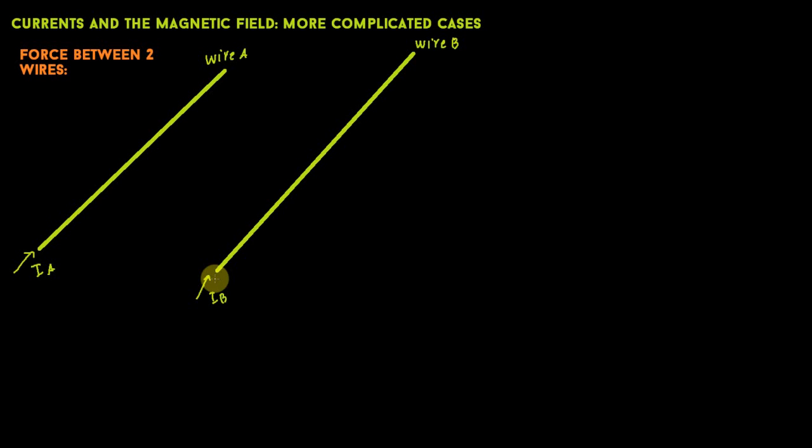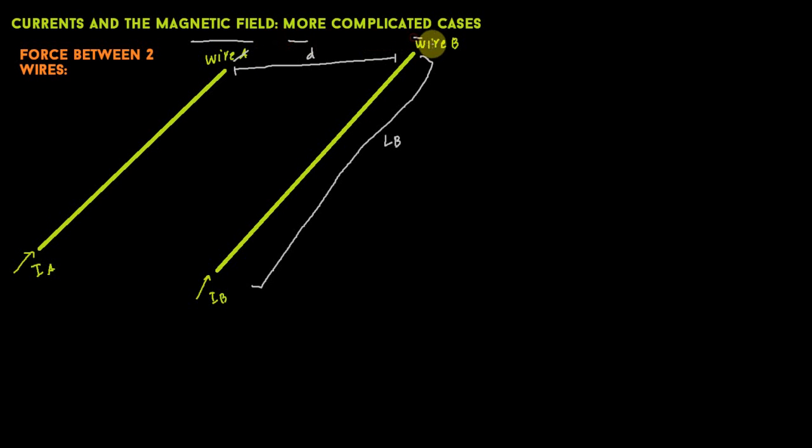So we also need to define a couple of variables. I'm going to call the distance between wire A and B distance D. And I'm going to call the length of wire B LB. This length is contingent on how much of wire A is actually exerting a force on wire B. So let's say that wire A goes off for a little bit and then bends here.